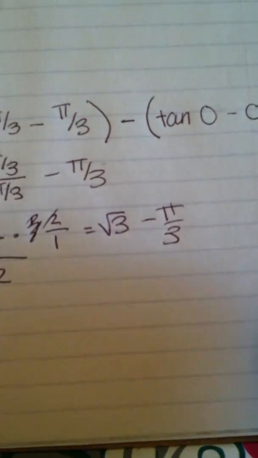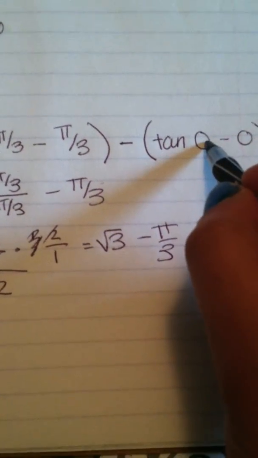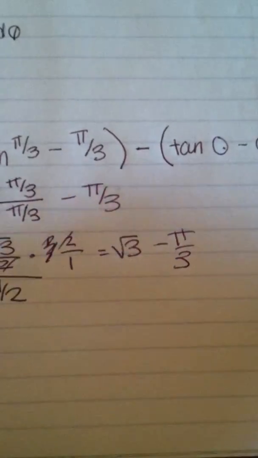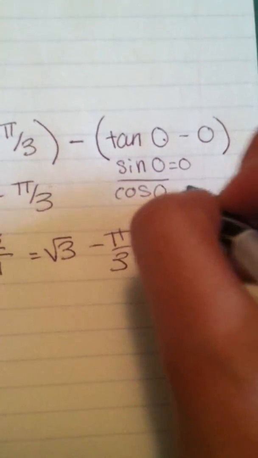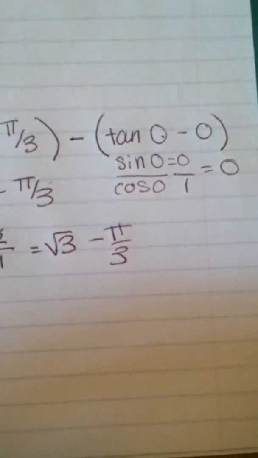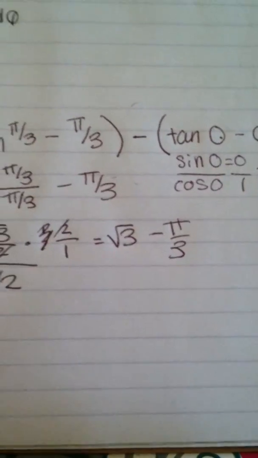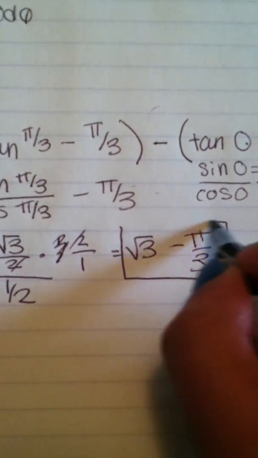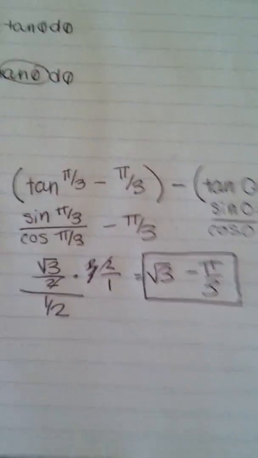And then tangent of 0 would just be 0, of course, because the sine of 0 is 0 and the cosine of 0 is 1. That just equals 0. Minus 0, of course, is 0, so we don't have to worry about this side. And our answer would then just be root 3 minus pi over 3.